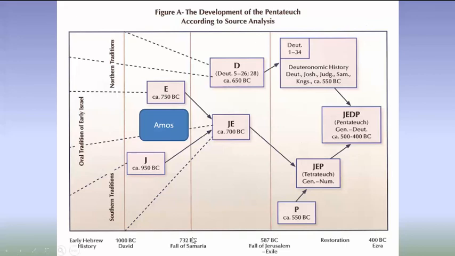So according to the documentary hypothesis, you have Exodus, or the E source, that portion of Exodus anyway, coming from E here, and then also D here.